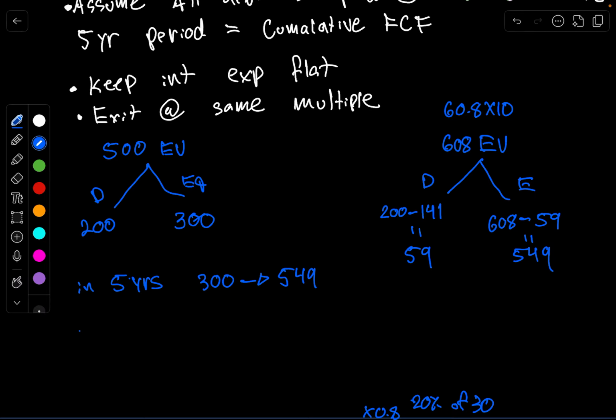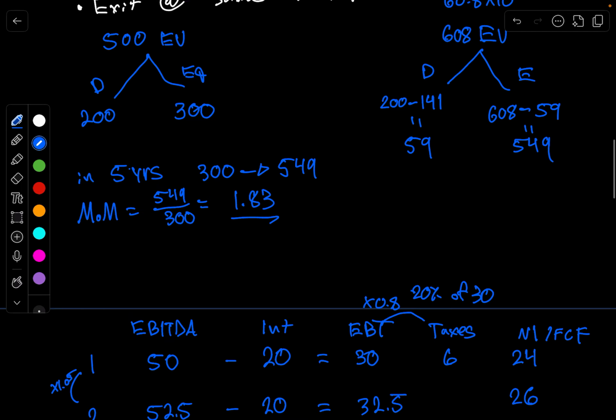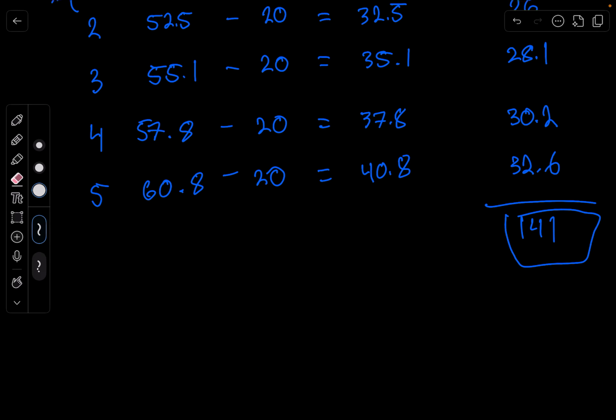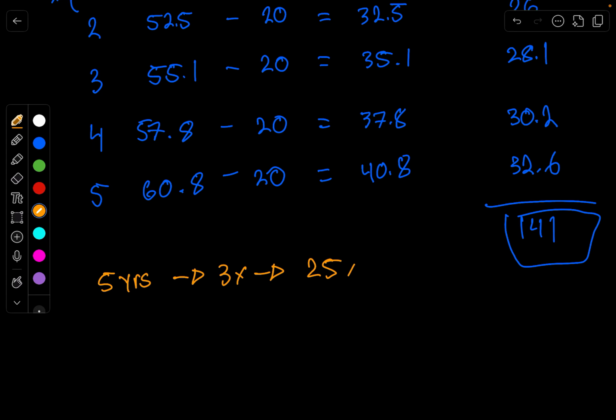All we have to do for our money on money multiple is 549 divided by 300. And if we do that, we get around 1.83. And if we know that the money on money multiple is 1.83 in 5 years, what's the closest thing that we have in terms of our golden LBO rules? If in 5 years we 3x our money, that is a 25% return.